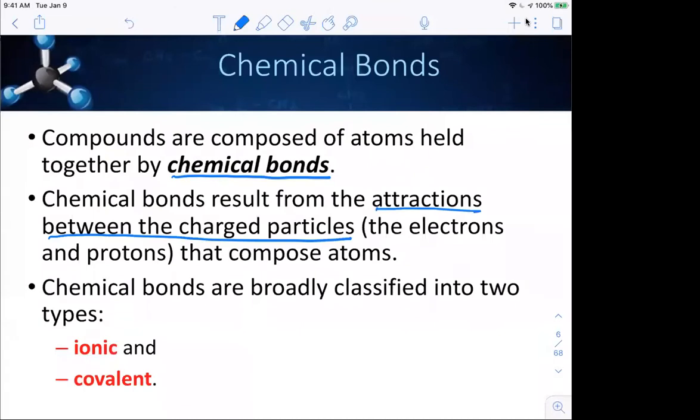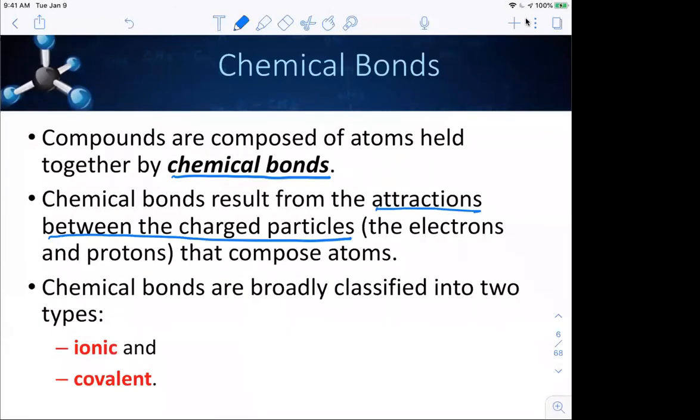Well, these electrons will form bonds between 2 nuclei of 2 different elements. That bond, by nature, is going to be an electrostatic attraction that exists between the electrons, which are forming the bond, and those 2 nuclei of the atoms that actually form the bond.